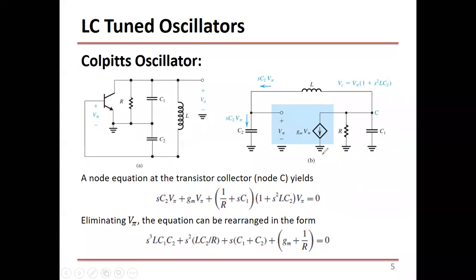Is it R naught? Yes, R naught, but we assume R naught is infinity, so R naught is very big. Yes, that's part, but another essential part in the bipolar junction transistor, since it's not a MOSFET. R pi? That's correct. So we're supposed to have R pi here, right?